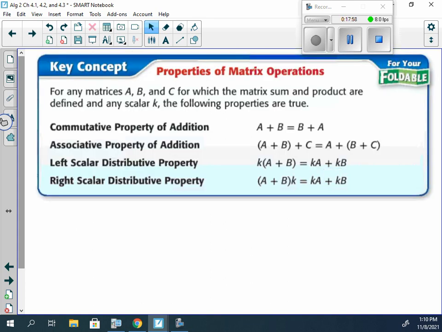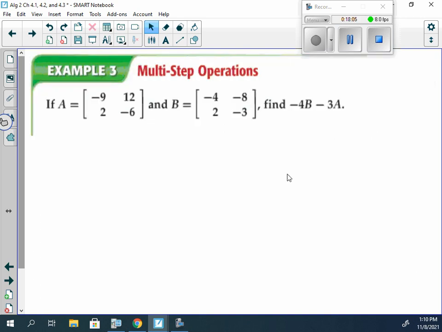Now there's some more things that we could do with commutative property of addition, associative property, scalars left and right. We can combine the two, and we did do this in August, where we can do the scalar multiplication and addition and subtraction.